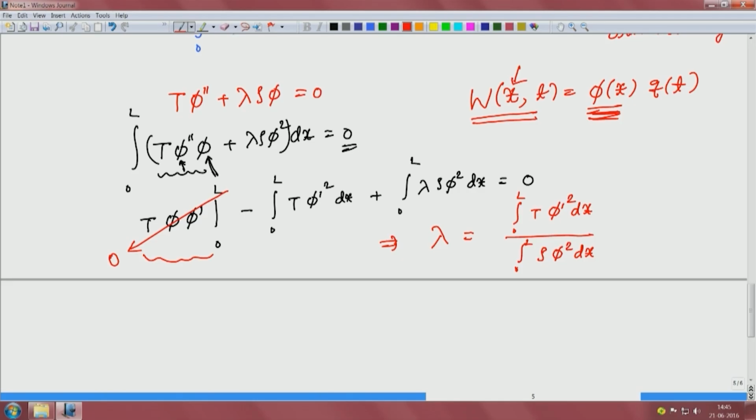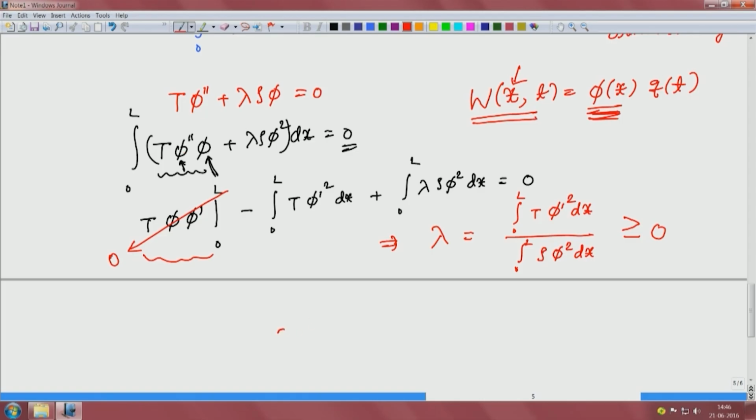If the tension T is negative, that is there is slackness, there is no tension, you cannot vibrate a string. So, tension is by definition positive, and mass density cannot be negative, so that is also positive. And then we have phi prime square in the numerator and phi square in the denominator. So, this tells us that lambda is greater than or equal to 0. I just took arbitrary lambda, if I put phi i and lambda i, it will be true.